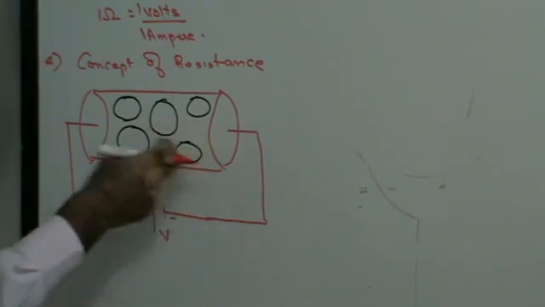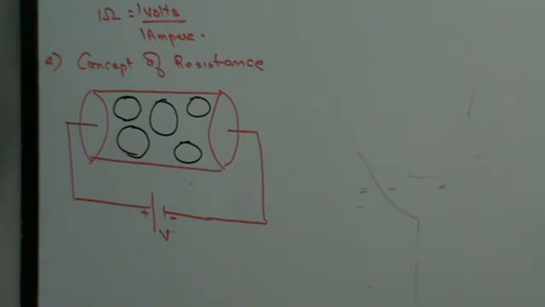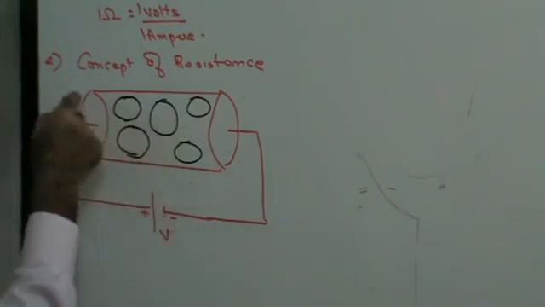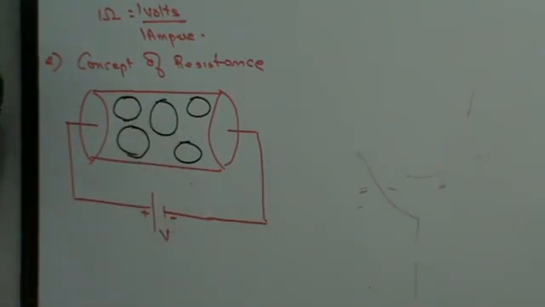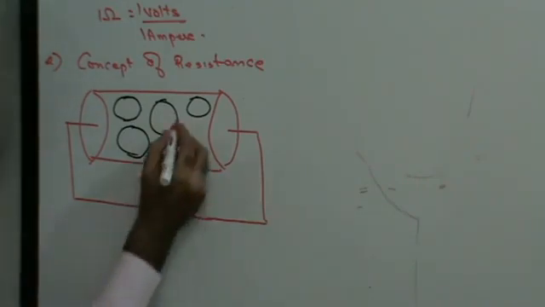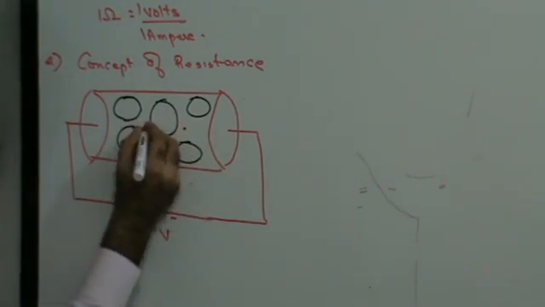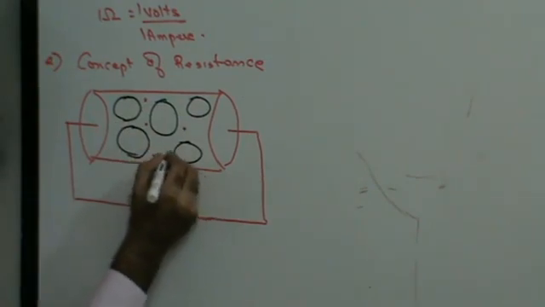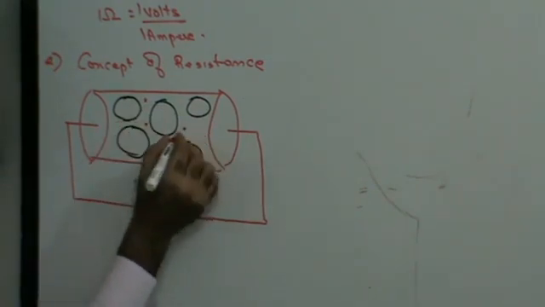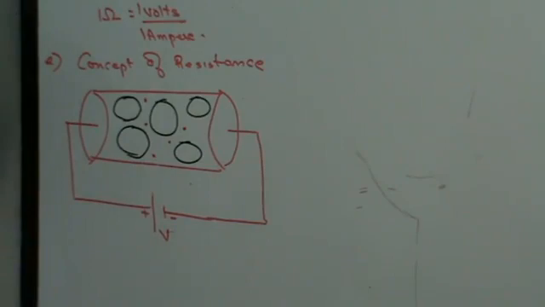As it attracts all the electrons, these electrons start to move towards the positive terminal. We will show the electrons with red. Let's assume that these dots are electrons. These electrons try to move towards the positive terminal.